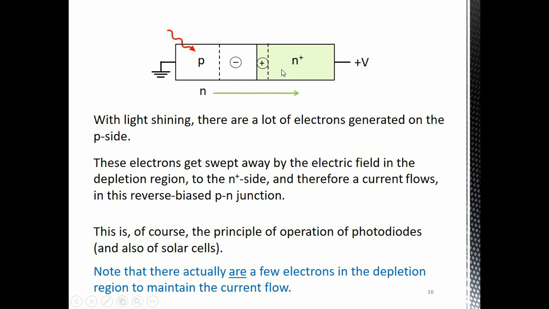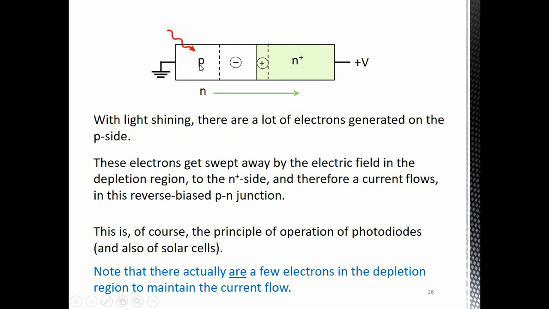So they'll all get attracted to the N plus side, and now a current will flow. So even though the junction is reverse biased, the fact that we have created a large number of minority carriers on the P side means current will flow in this PN junction.